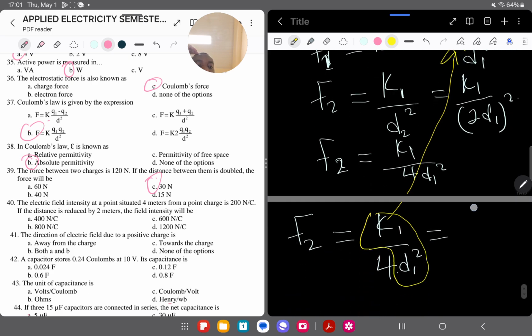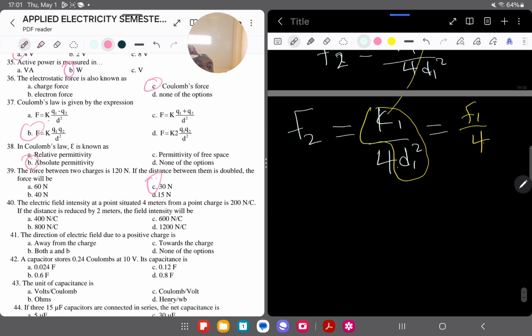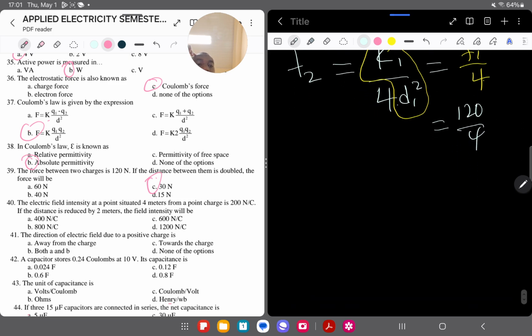So I can write F1 over 4. Once we've done this, you can see we get F1, which is 120, over 4. That will give us again 30 newtons. So that's the second way of thinking about this.